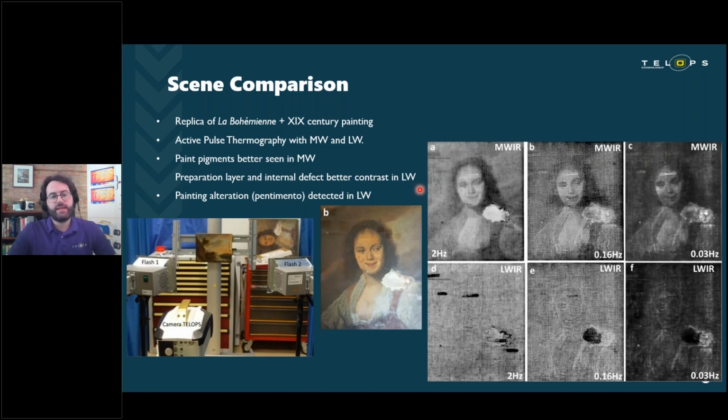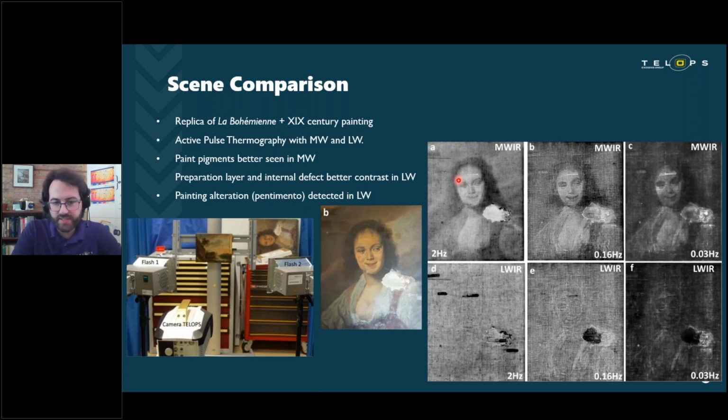And they used a process that's a little bit more advanced than just doing imaging. You can do pulse thermography, so we have two different flashes that will send a pulse of infrared radiation. And then you measure that reflection and the emission coming from the paintings, depending on the heat that remains or that's being dissipated in the different layers of the paint and the textile.